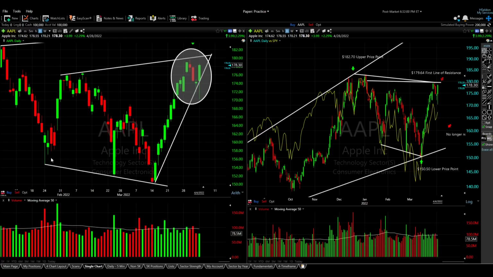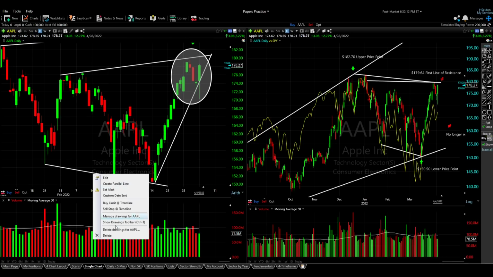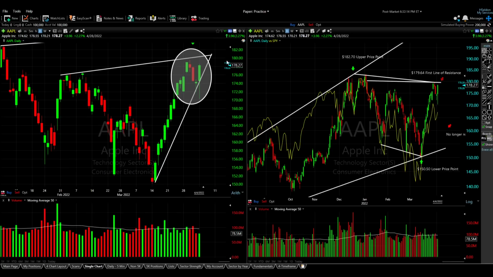Now, first off, you don't need to start at high volume candles. Trend lines, you can pretty much start wherever you want, as long as they have enough touches on them. And what you get here, really, that one there, that's an ascending triangle with a bull flag. I mean, if you look close enough, you get an inverted head and shoulders.